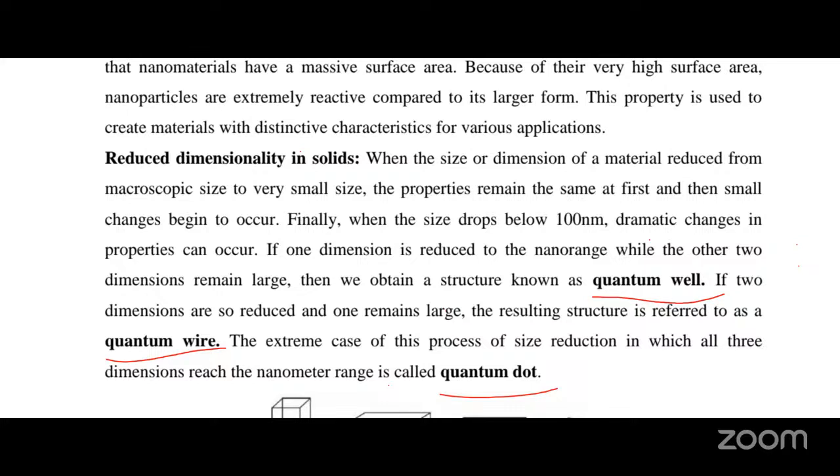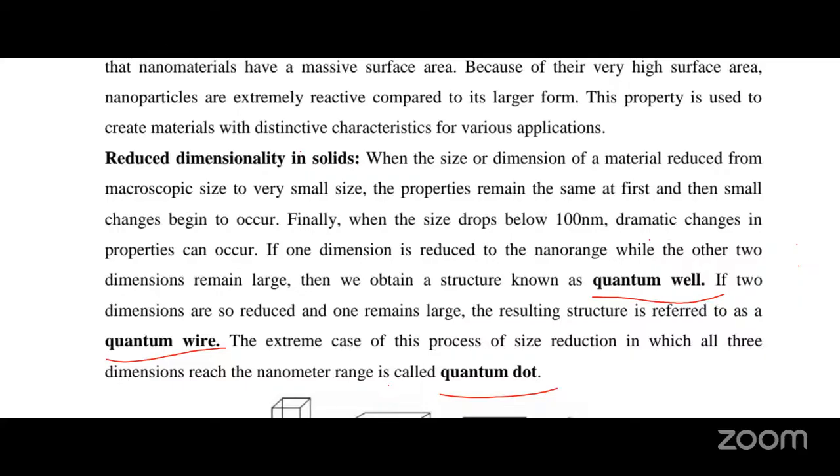What do quantum wells mean? Out of all the three dimensions, only one dimension is present in nano range, below 100 nanometers. The remaining two will be in a large range, other than the nano range.